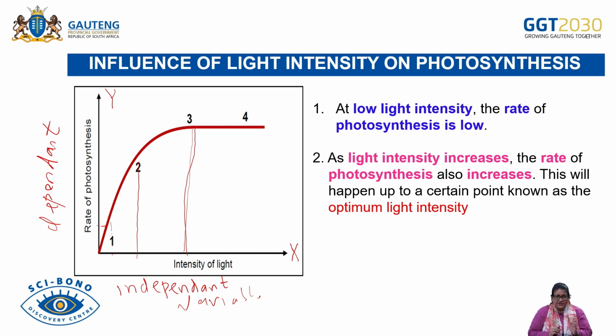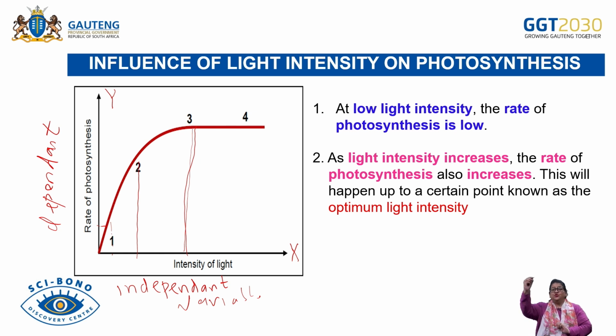The rate of photosynthesis against the light intensity. So that's my two variables or my two factors. When I describe the rate of photosynthesis in relationship to light intensity, I must describe it in the form of a relationship, like saying, as the light intensity increases, the rate of photosynthesis increases to a certain optimum.